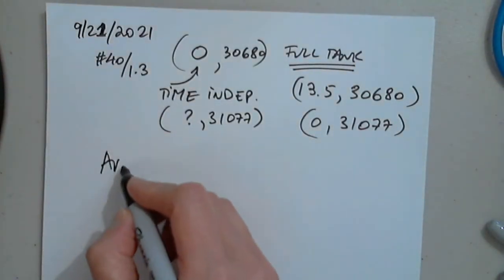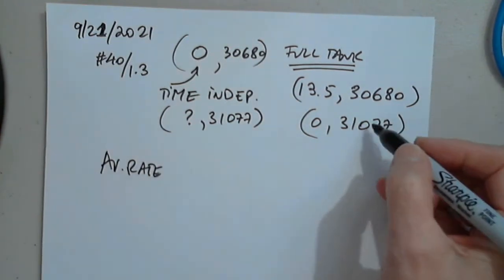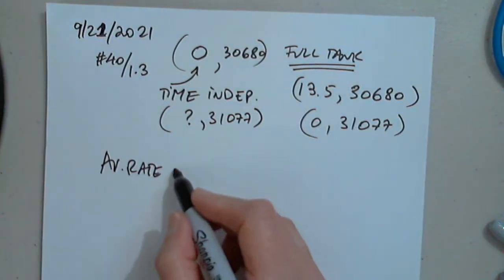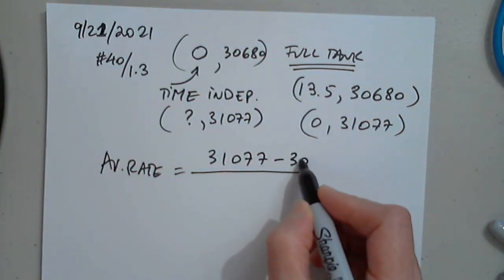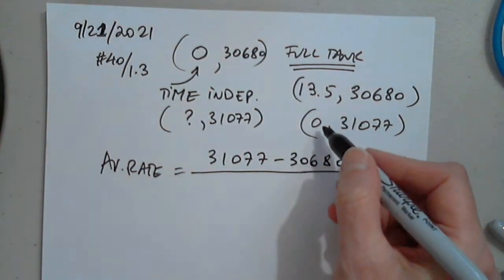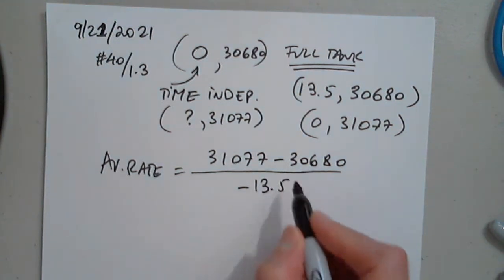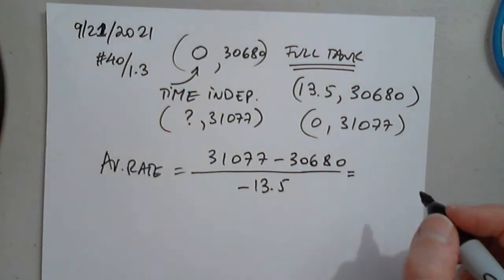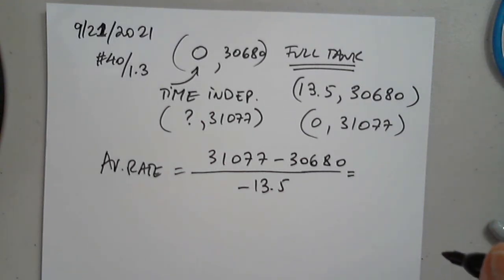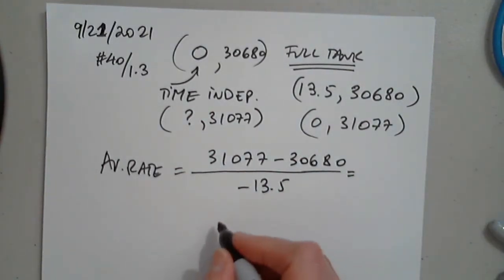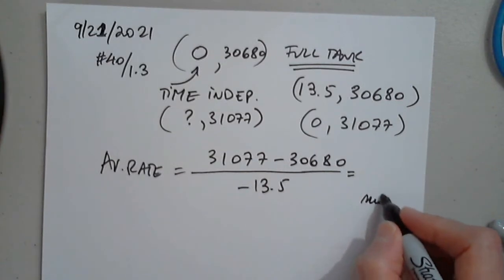Okay, so the average rate, y2 minus y1 over x2 minus x1. So 31077 minus 30680 divided by 0 minus, so negative 13.5. The measurement unit, again, is the average rate of change at which the car was traveling in miles per gallon. So whatever I get, it has to be miles per gallon.